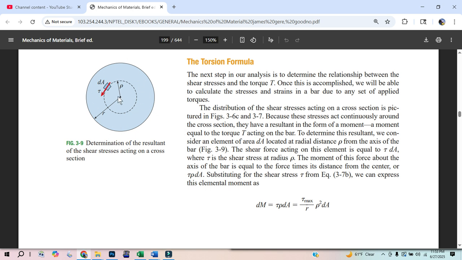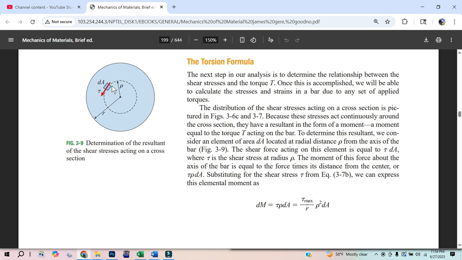That value is just a function of its shape. It's not a function of what you do to it. So this rho squared dA is an integral, but it is just a constant value.